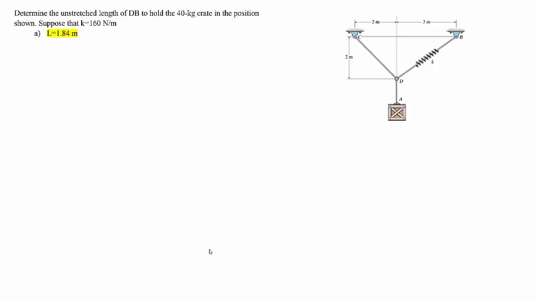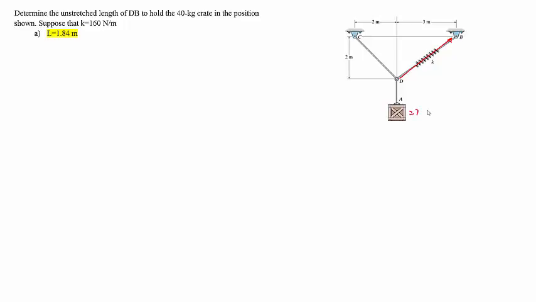Finally, this is the bonus problem, and basically what you need to remember here is that this is the force that we're looking at. So it says determine the unstretched length of DB to hold the 40 kilogram crate in position.